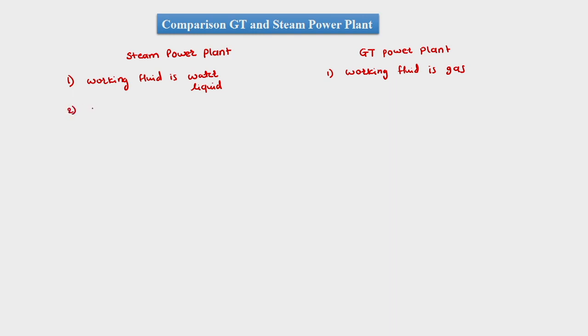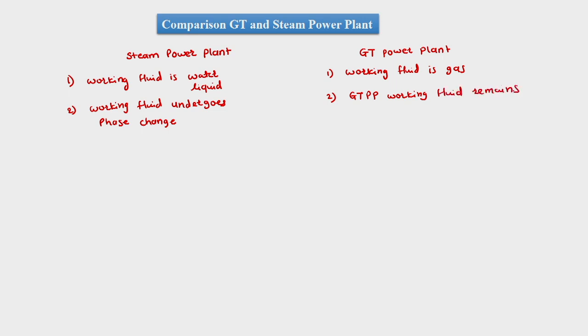Then in case of a steam power plant, the working fluid undergoes phase change, but in case of a gas turbine plant, the working fluid remains in a single phase.